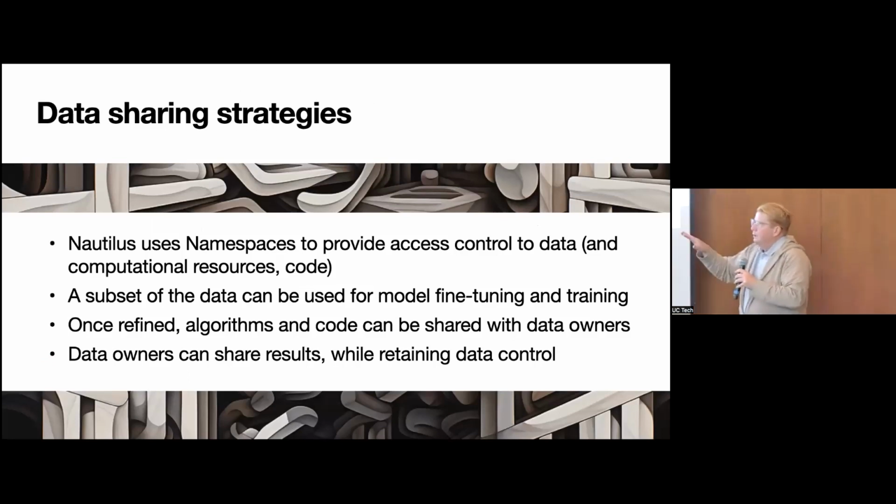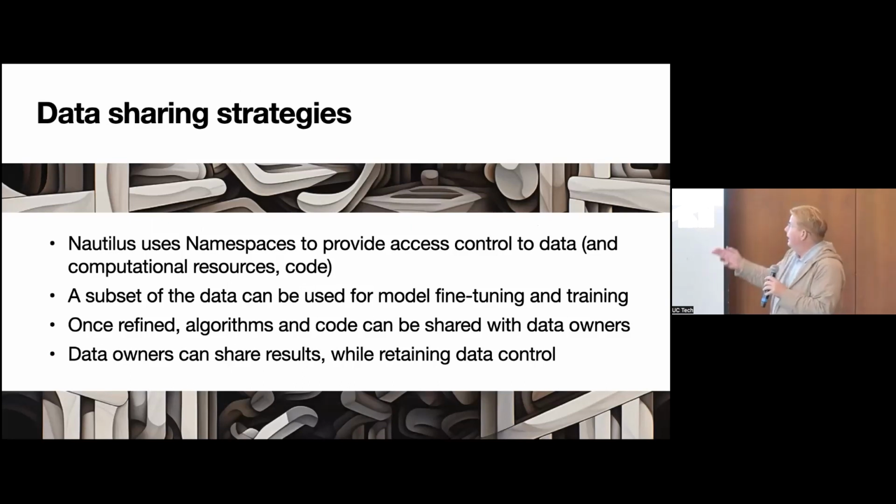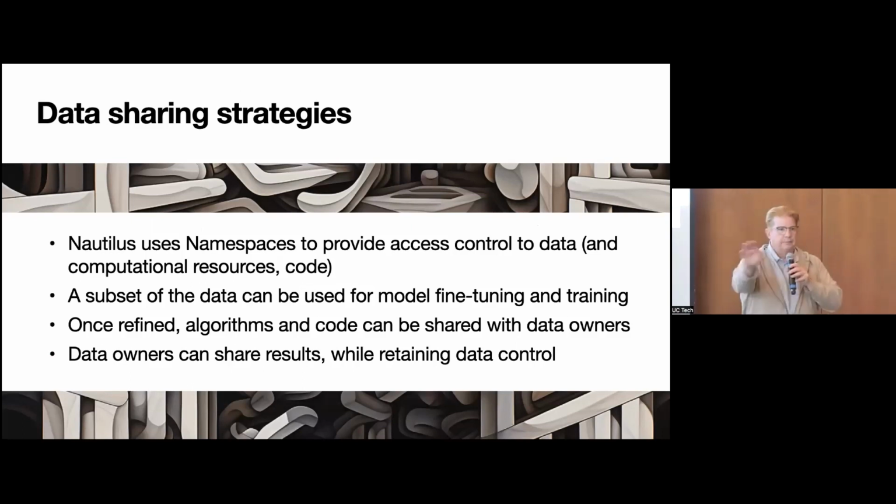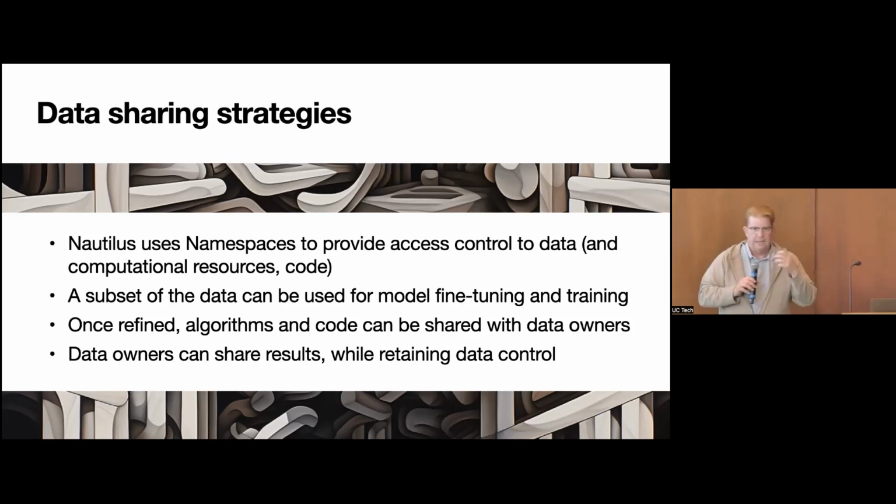So Nautilus uses namespaces. You can think of that as user groups, and they provide access control to data. So if I have my data and Zhao is in my namespace, but Angela and Mary are not, they're not going to see my data. I am not going to see their data. And while we don't host anything that's sensitive or private on Nautilus, this is an assurance that we can give people that their data are protected and are not exposed to the world.